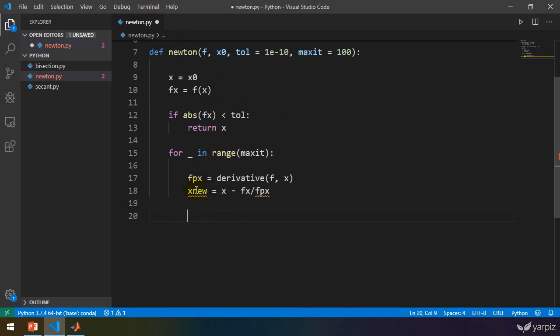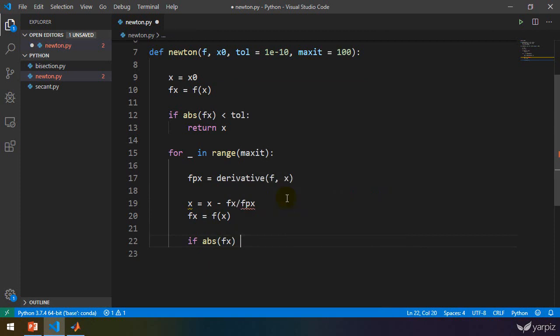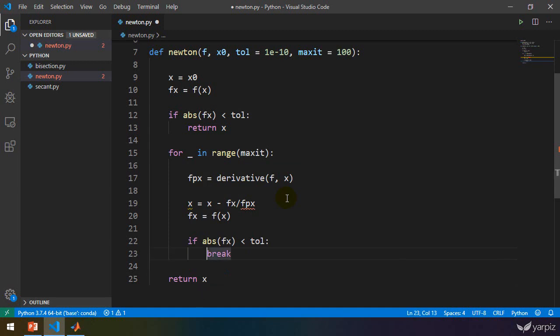Here, actually, we don't need a new symbol, x new. We just replace this with x. And here, we evaluate fx as f of x. Finally, if the absolute value of fx is less than tolerance, then we can go outside of the loop, and outside of the loop, we can return x.